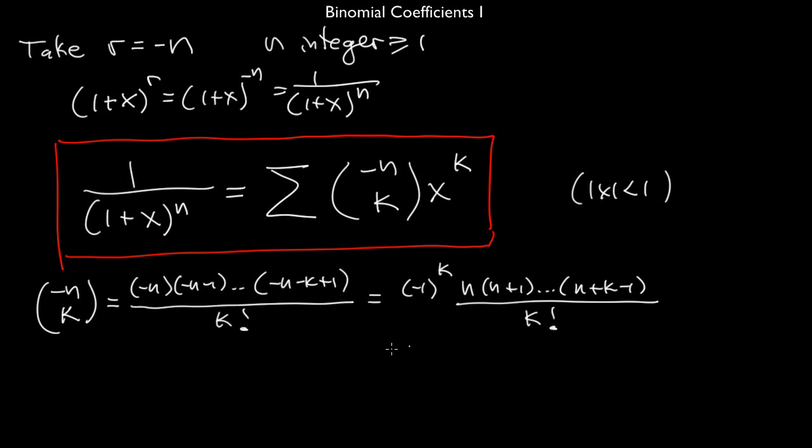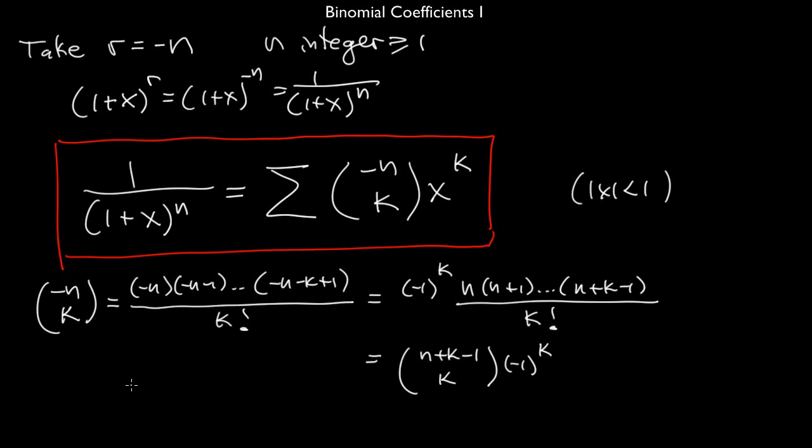And the right-hand side here is what? It's (-1)^k times (n+k-1 choose k). And that's a sort of more natural looking formula.